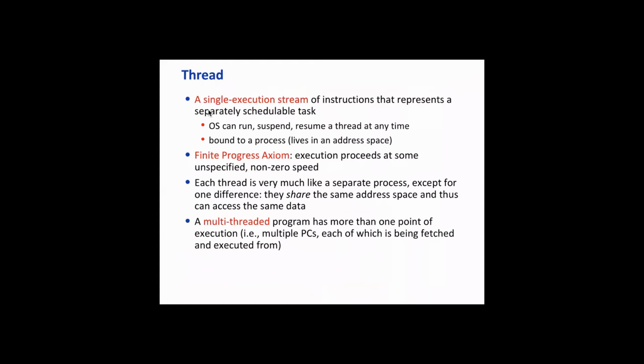All right. So with this, let's start the third concept, the thread. A thread, we said, is a single execution stream of instructions that represents a separately scheduled task. Your executable code has a number of instructions, which are machine instructions, and we execute these.